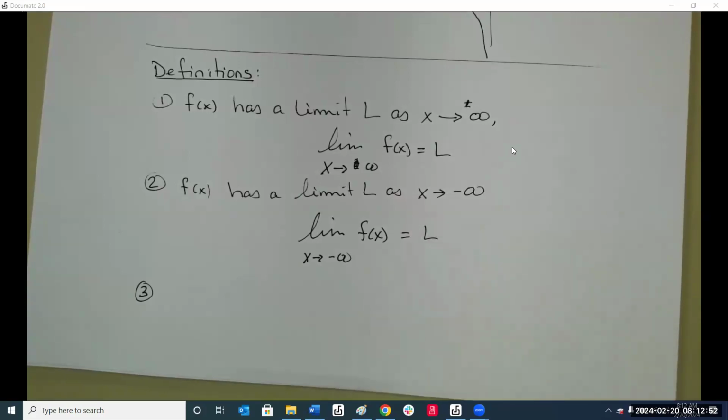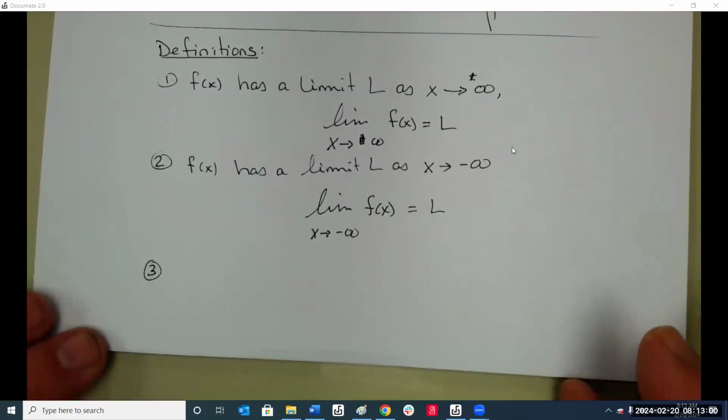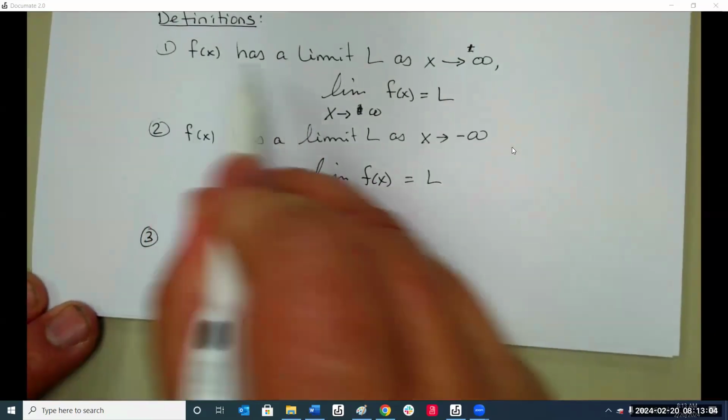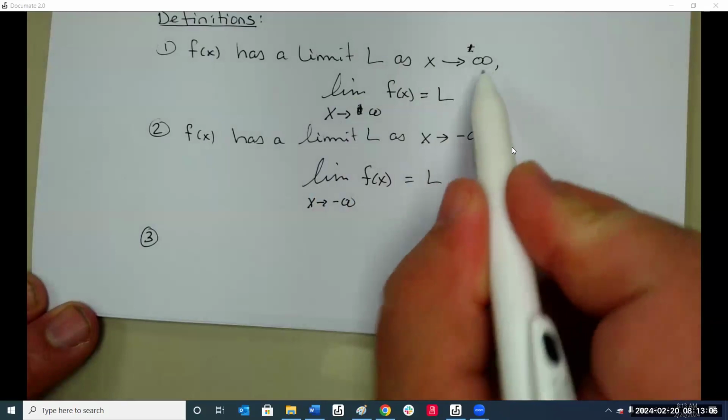Now, how would we relate these to our epsilon delta proofs? So we're saying that f of x has a limit L as x approaches infinity.